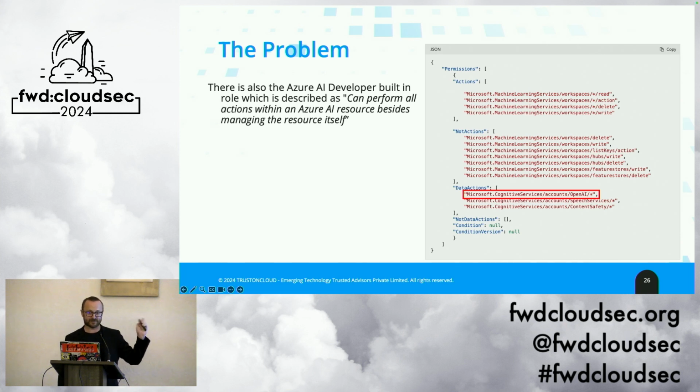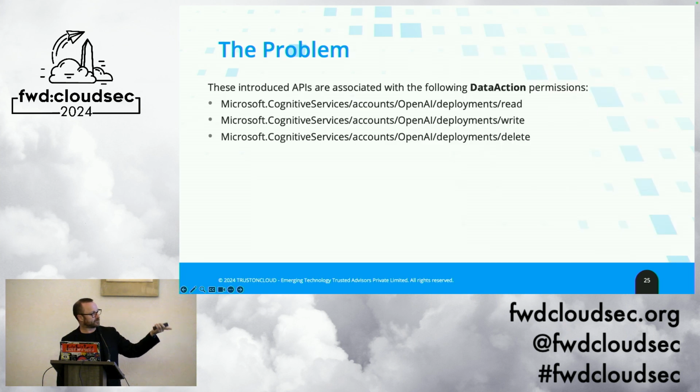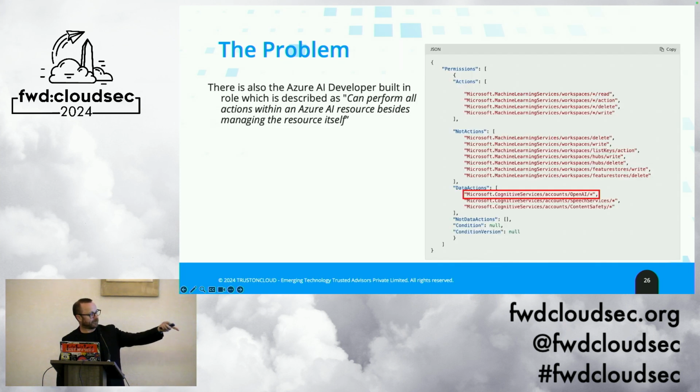Remember how I spoke about wildcards and wildcards are bad? Those additional permissions automatically got picked up in these data actions. If you look at the description of this Azure role, it says it can perform all actions besides managing the resource itself. But because they introduced the control plane into that data action wildcard, I could now, via the data plane endpoint, create a deployment, which may not be compliant with my organizational Azure policy.